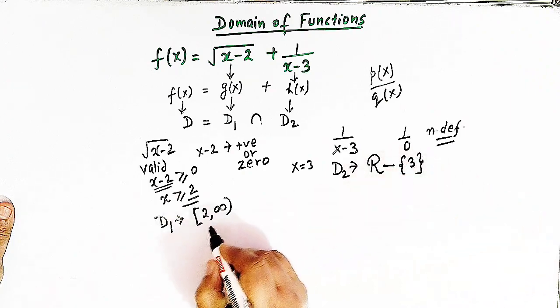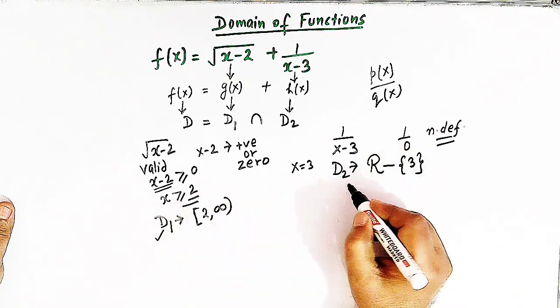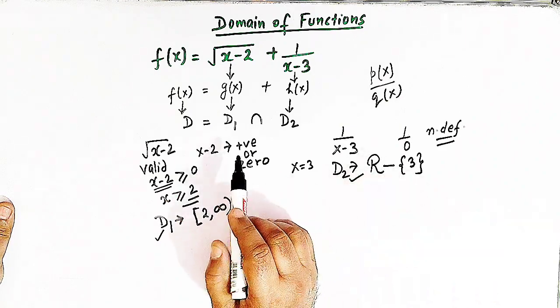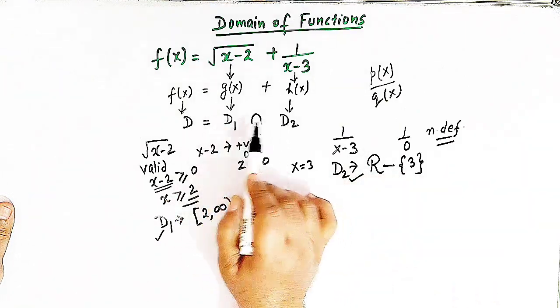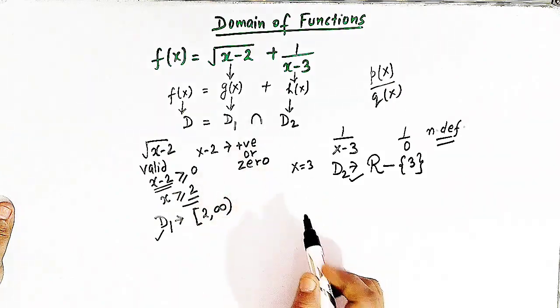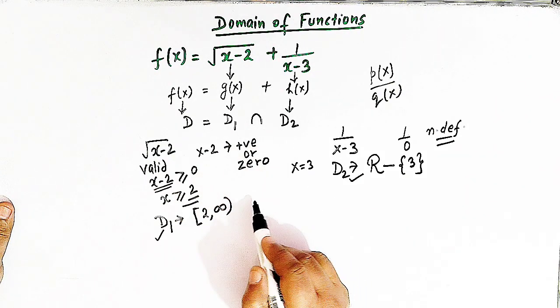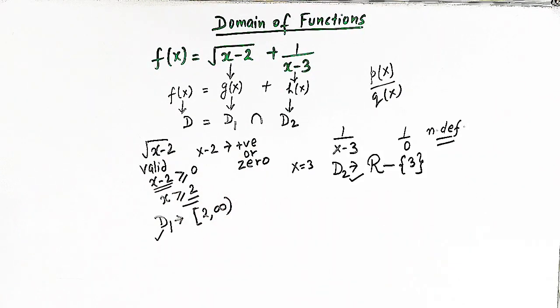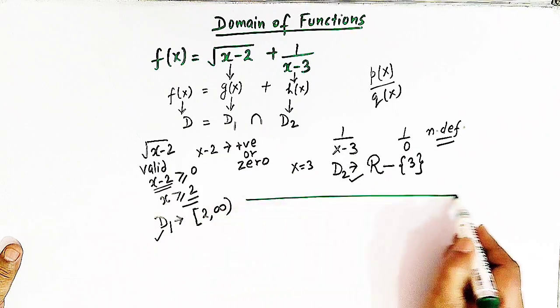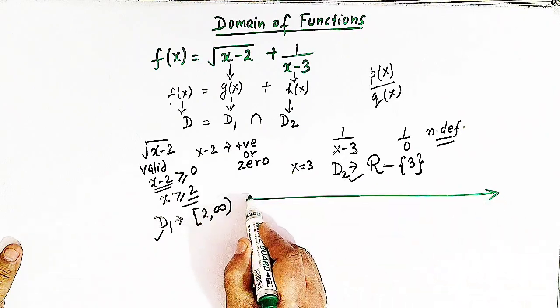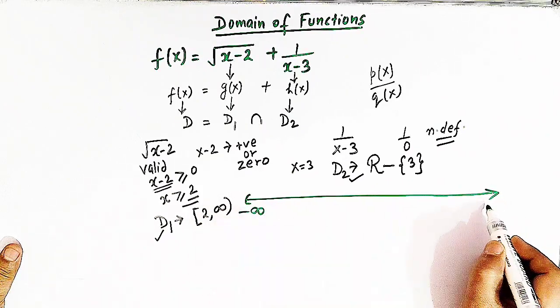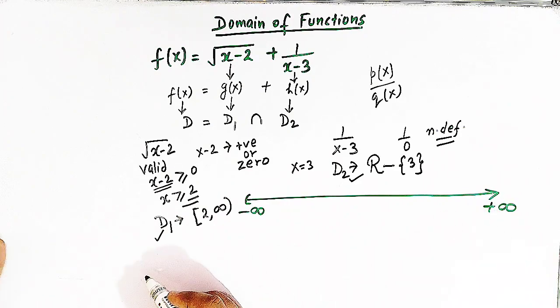So now we have obtained the domains D1 and D2. Let us find the intersection of D1 and D2 by making use of a real number line. So here we have the real number line, and this is minus infinity, and here we have plus infinity, right?